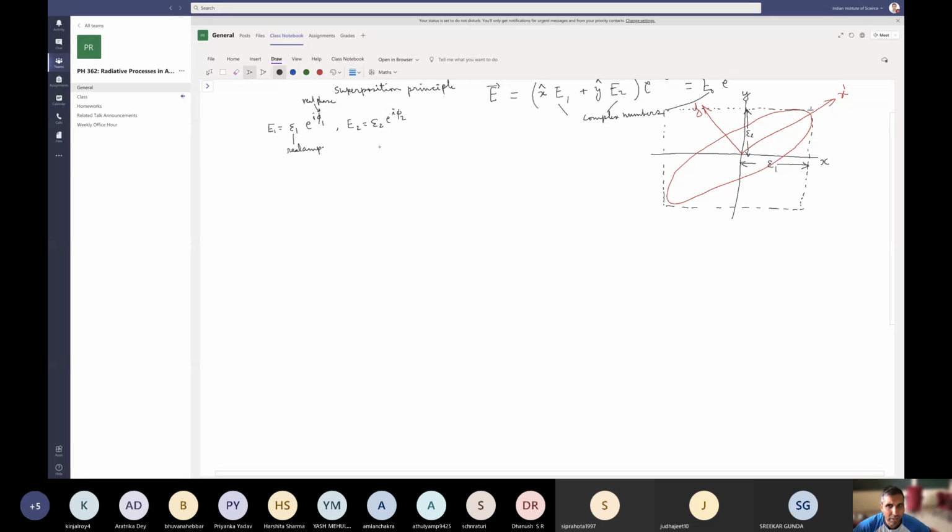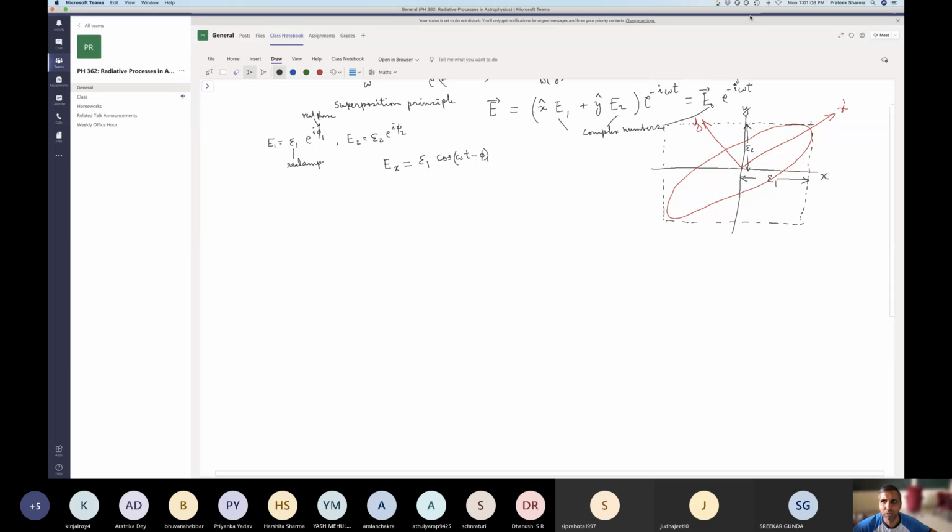Okay, so let's write down Ex. Ex is the electric field along the x direction. This is nothing but epsilon 1 cos omega t minus phi 1. Recall there was this minus i omega t, and E1 has e to the i phi 1.